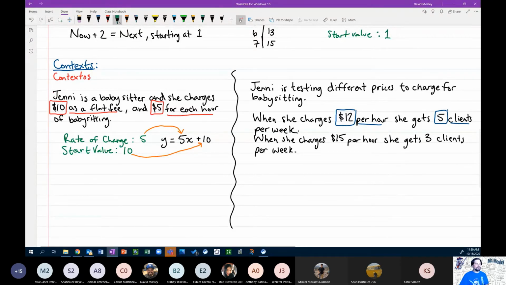Okay, and we have $15 per hour for 3 clients. So what these are coordinates of 2 points on my line.